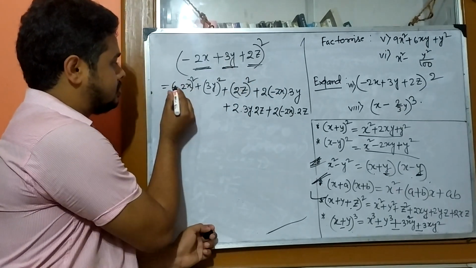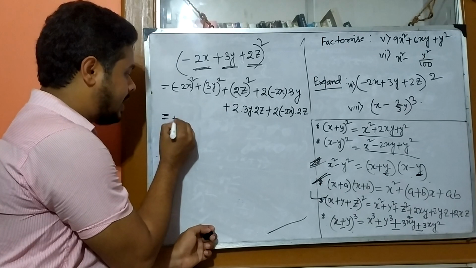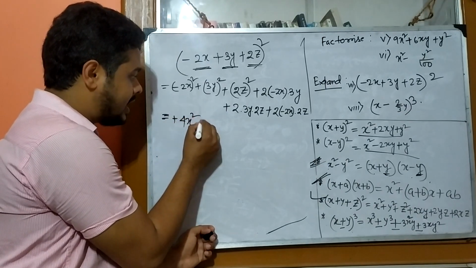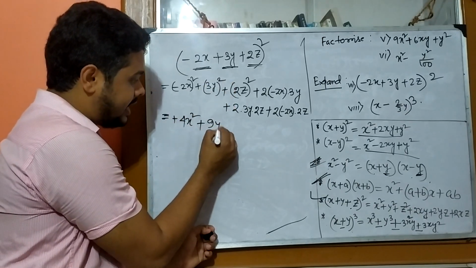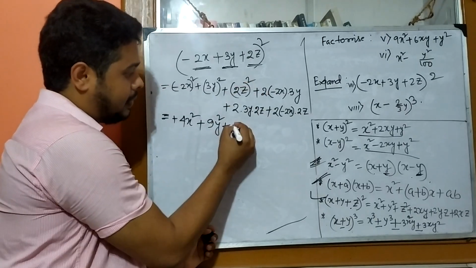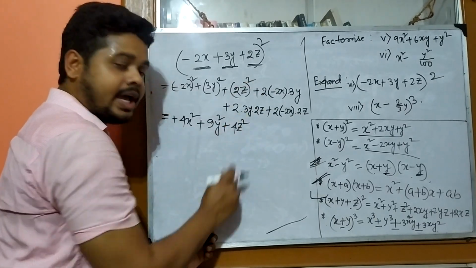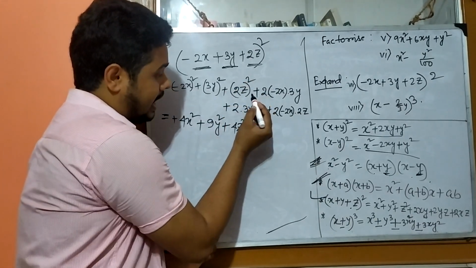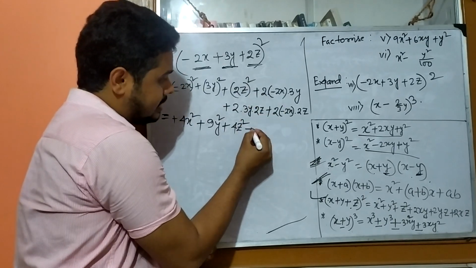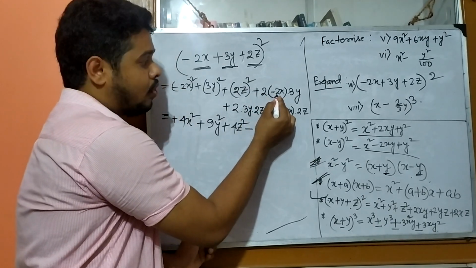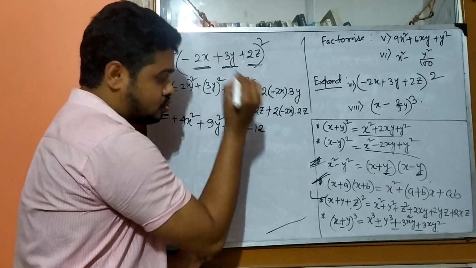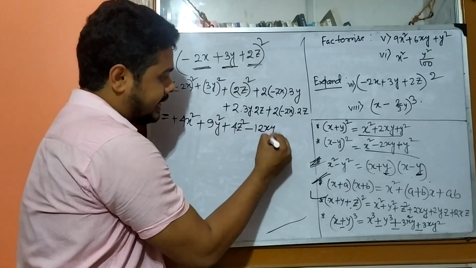Now (minus 2x) whole square means plus 4x square, plus 3 square 9, 9y square plus 4z square. After that plus minus minus 2 2s are 4, 4 3s are 12, 12xy.